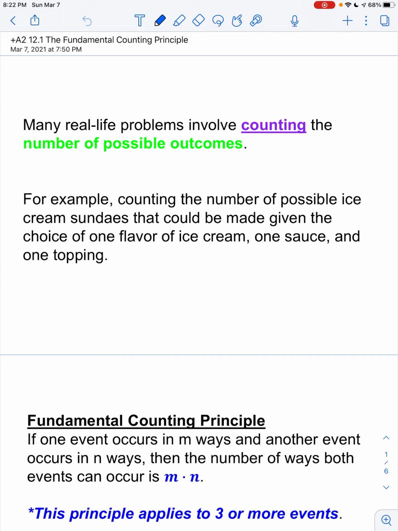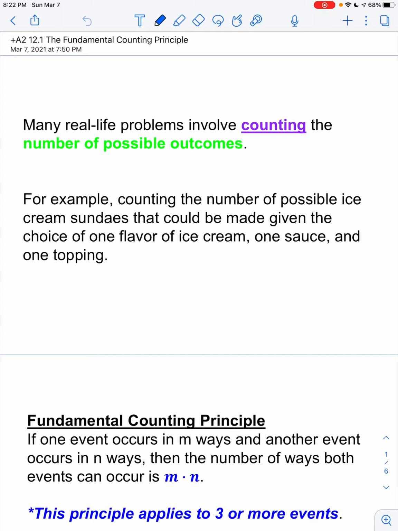We'll maybe look at that in class on Tuesday or Wednesday, but let's say we had 3 different flavors of ice cream and 2 different sauces and 3 different toppings. You could list out all the different combinations of sundaes taking one flavor of ice cream, one sauce, and one topping. And of course, that could be very lengthy if you listed those choices all out.